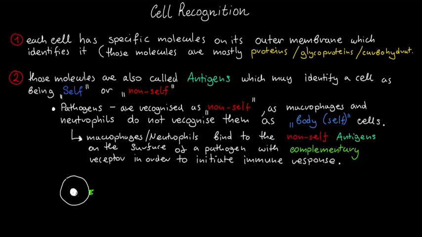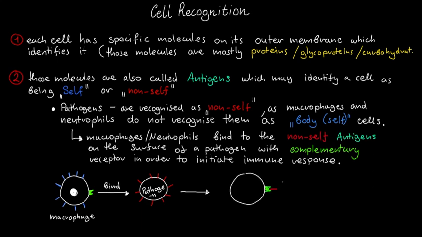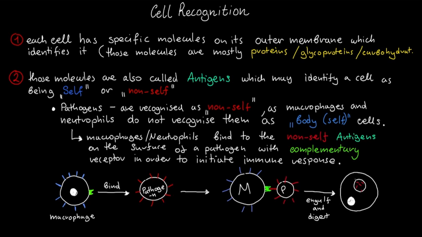This process is called phagocytosis, where the engulfing cell ends up having the pathogenic components inside of the vesicle, including our pathogenic non-self antigens. We are going to talk about what happens to those isolated antigens in the next slide. But basically, the macrophage is going to become an antigen-presenting cell, which will be useful during the specific response.